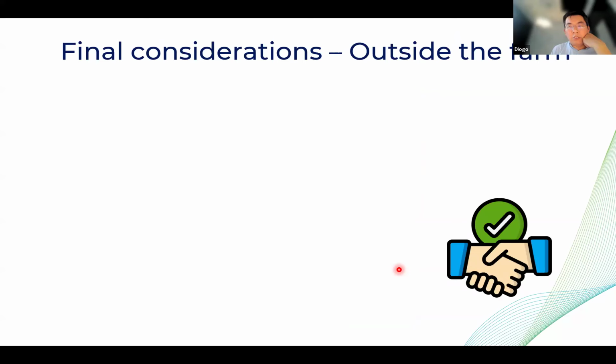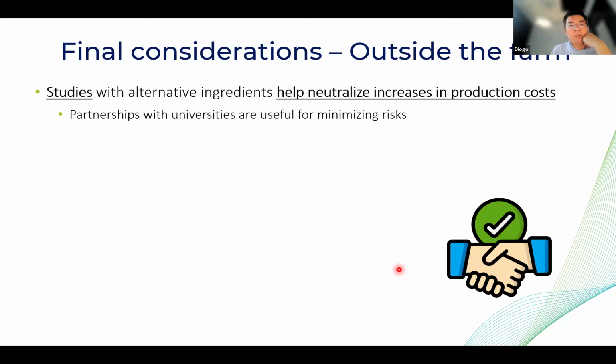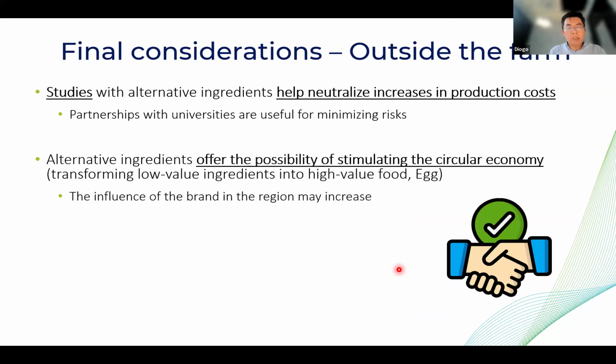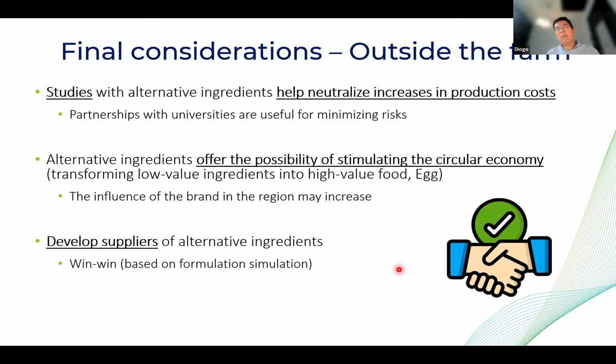When we look outside the farm, studies with alternative ingredients help to neutralize increases in production costs. Partnerships with universities are useful for minimizing risks at large scale. Alternative ingredients offer the possibility of stimulating the circular economy, transforming low-value ingredients into high-value food, like egg. And they can also help the influence of the farmer's brand in the region where they are located.